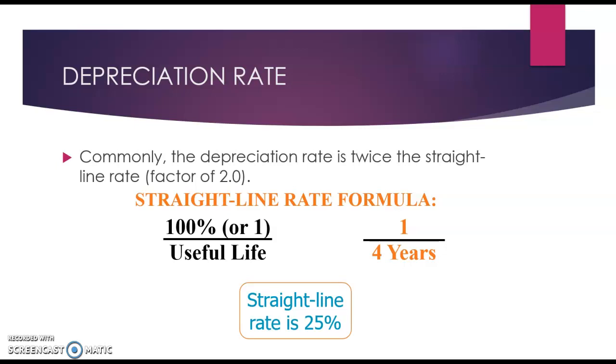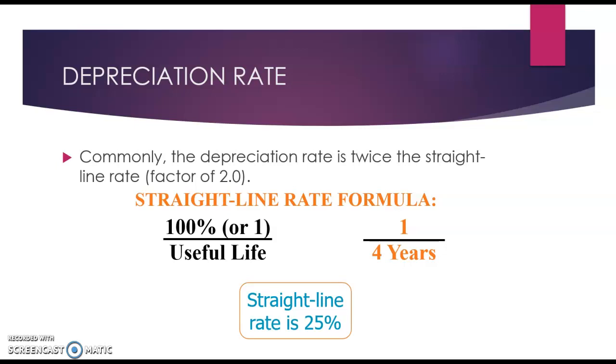In the previous video, for the example, we said that the total cost of the asset was $10,000, with an estimated $1,000 salvage value and an estimated 4-year useful life.